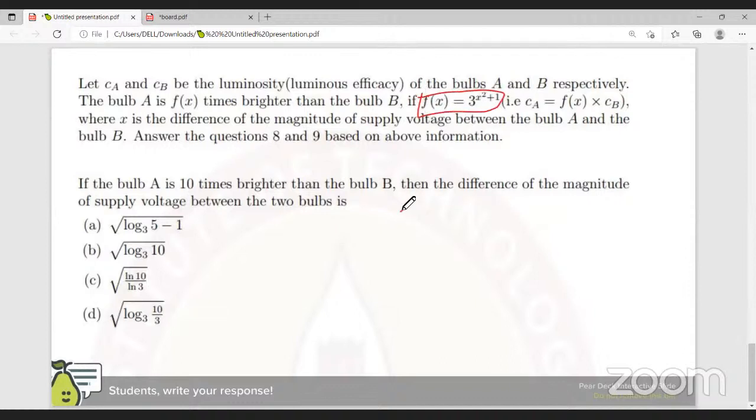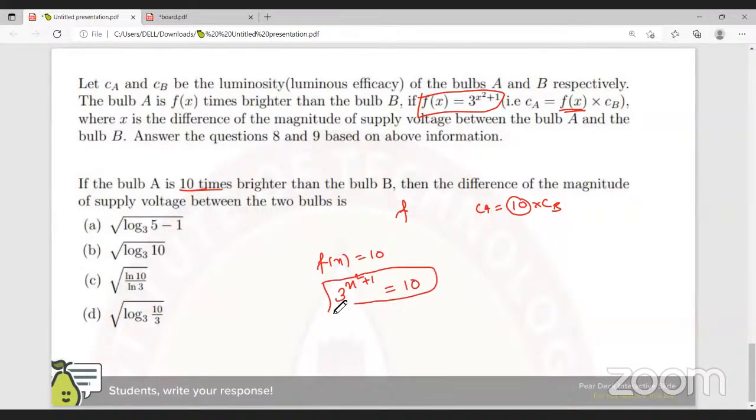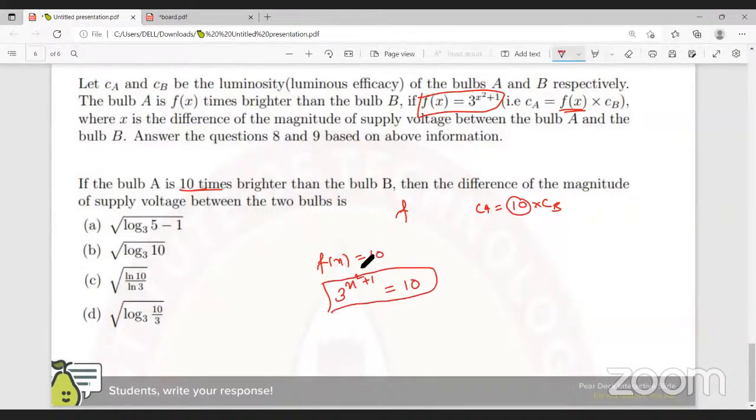See here, if bulb A is 10 times brighter than bulb B, that is C_A equals 10 times C_B. But this 10 is f of x here, right? So I can say f of x equals 10, that is 3 to the power x square plus 1 equals 10. Now what do we have to do in this case? Take the logs on both sides. So I will get ln of 3 to the power x square plus 1 equal to ln of 10. The x square plus 1 will come to this side, so x square plus 1 times ln 3 equals ln 10.